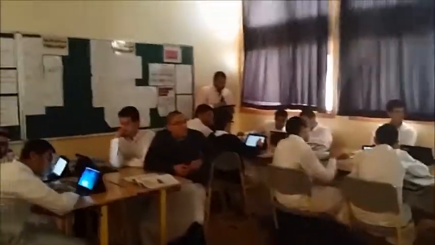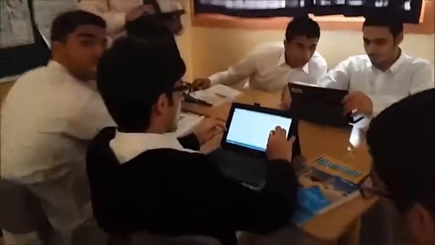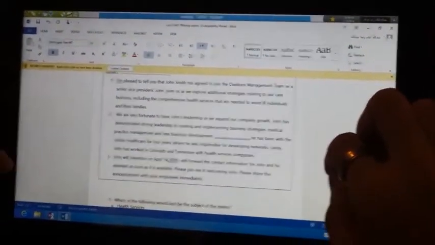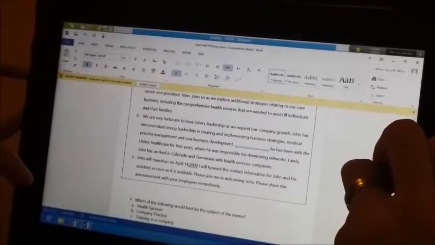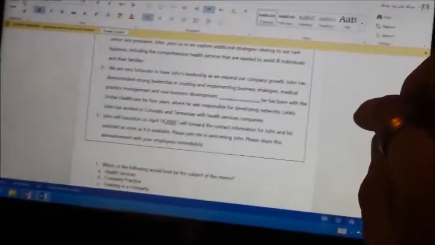John joins us as we explore additional strategies relating to our care businesses, including the comprehensive health services that are needed to assist ill individuals and their families.